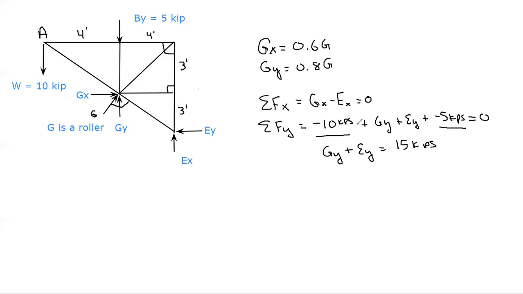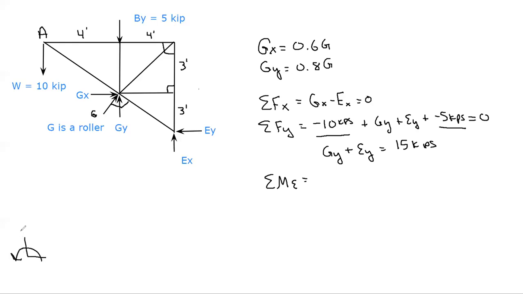Now, that gives us two equations with four unknowns. So we're going to reach into our bag of tricks. I remember that there are three equilibrium equations. I'm going to take the summation of the moments about point E. By doing that, that will help me eliminate a couple of the unknowns, hopefully, anyway.